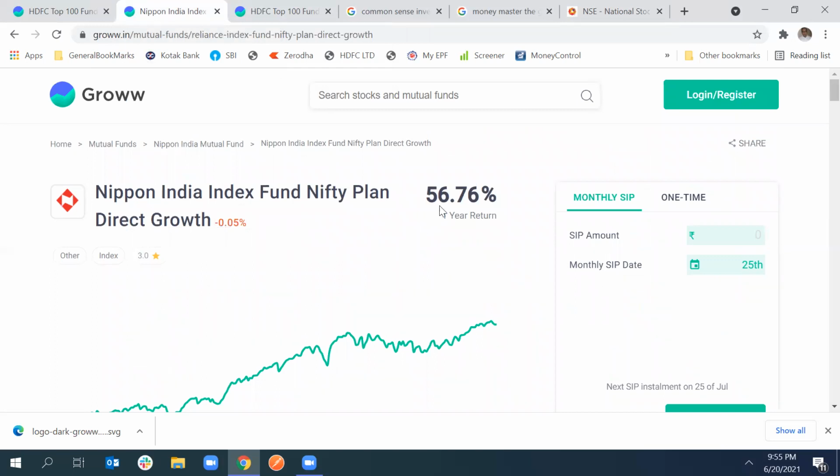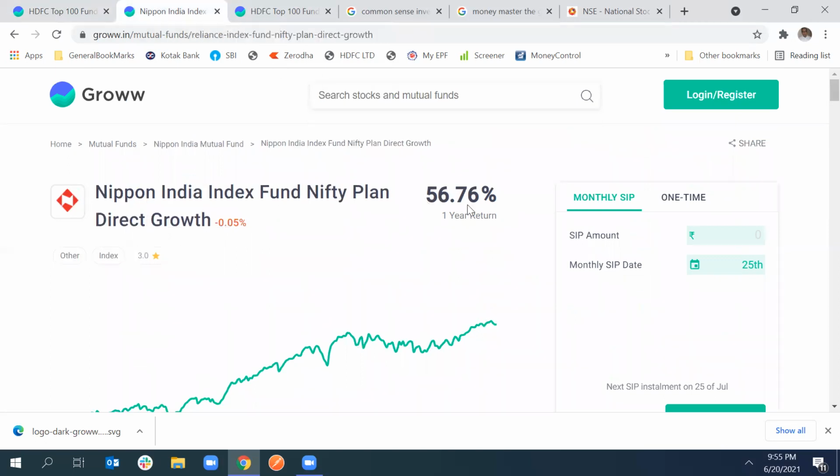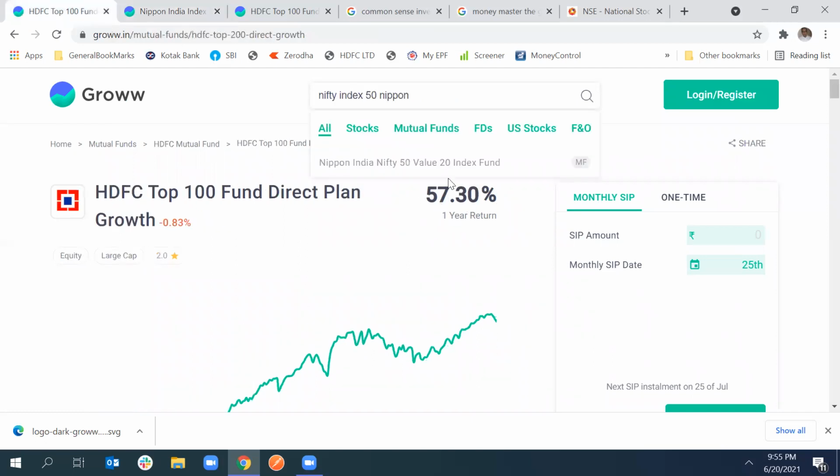So you can see here, earlier with this we got 57% return, and here we got the very same return. This is also giving you 57% return. Some variation of 0.5, 0.8% is okay. There's no difference.